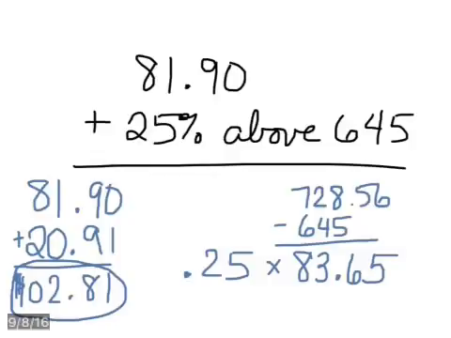$102 and 81 cents. So on number 14, when you do that problem, you're going to set it up the same exact way. You have to find the amount of the allowance, then you have to find the taxable wages, and then you have to figure out where it falls in the category. That's what you have to do for number 14. 13 we just went through.